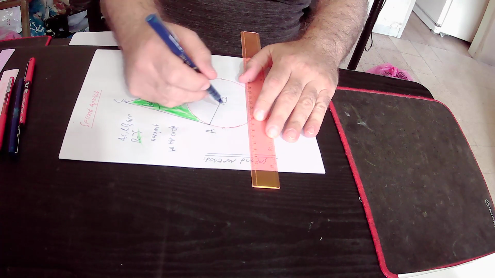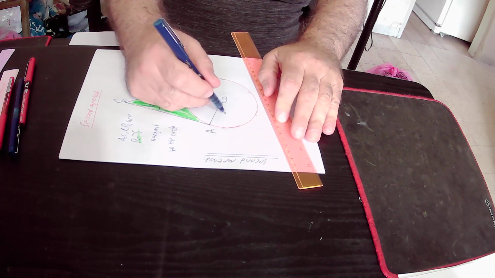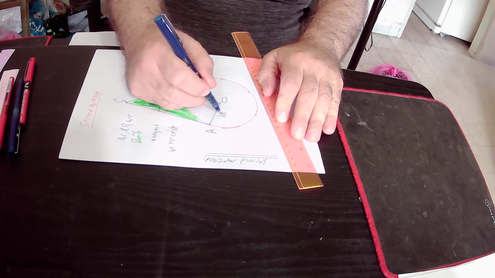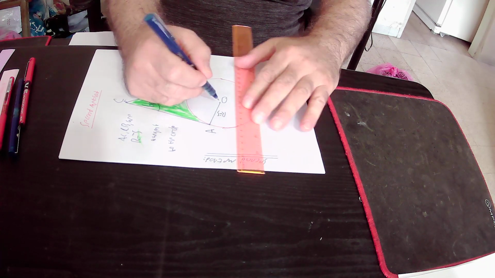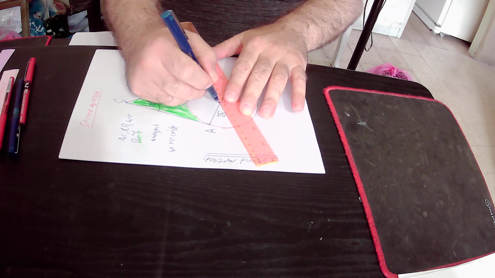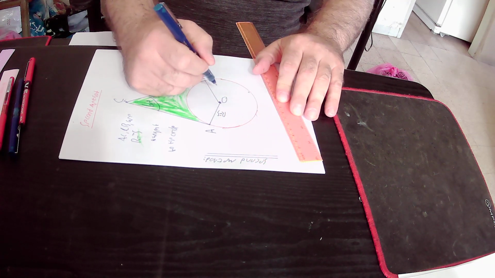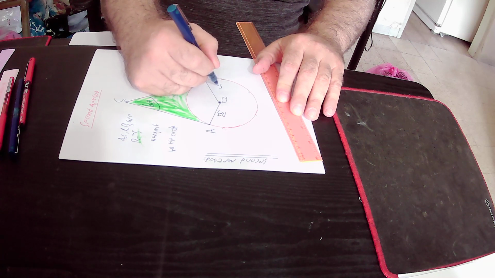AO is the radius of the circle that equals 5 units, as we did in the first method, and BO is also the radius of the circle that equals 5 units.